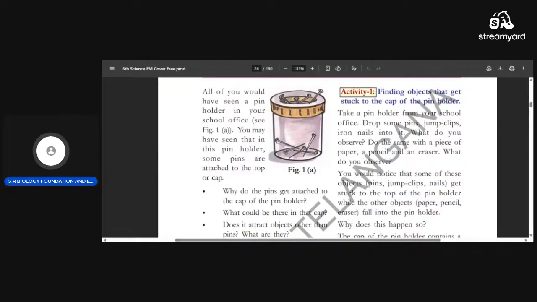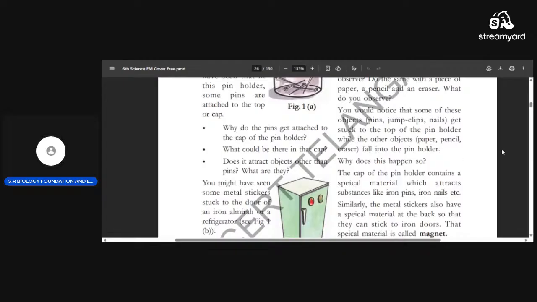You would notice that some of these objects, pins, jump clips, iron nails, get stuck to the cap of the pin holder, while other objects, pencil, eraser, paper, fall into the pin holder. We find that by doing this activity. Why does this happen? The cap of the pin holder contains a special material which attracts substances like iron pins, iron nails, jump clips.